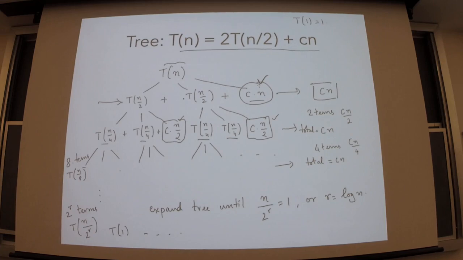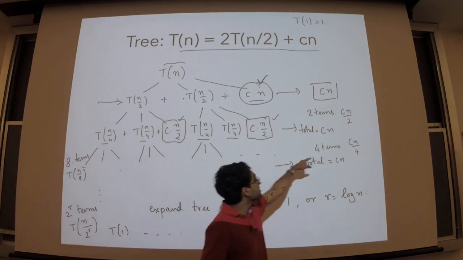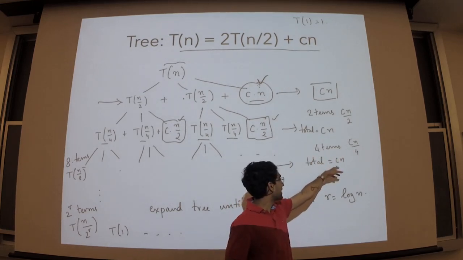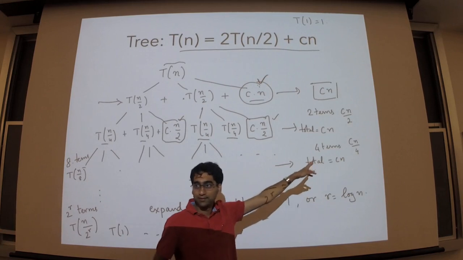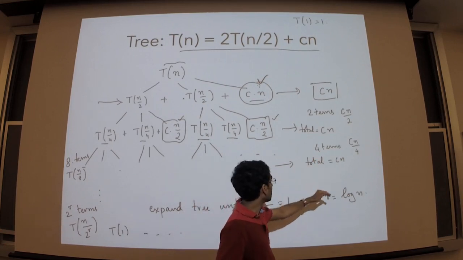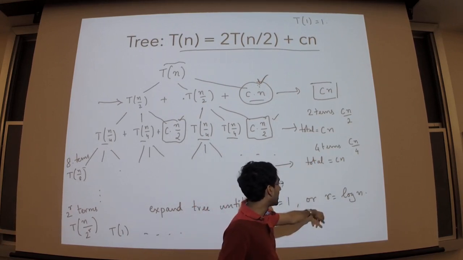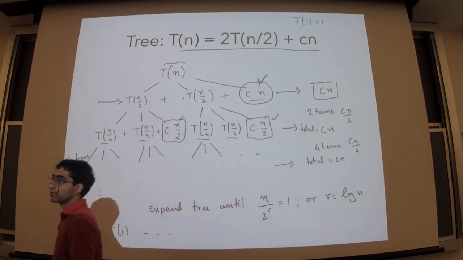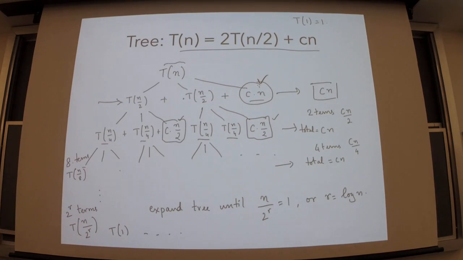In the next level, you'll have 4 terms that are all Cn by 4, and that adds up to a total of C times n. You have those showing up at every level, and there are r levels where r is log n. So each level there's a total work of C times n, and there are r levels, so there is r times Cn. And r is log n, so that's why it's Cn log n. Does that make sense?